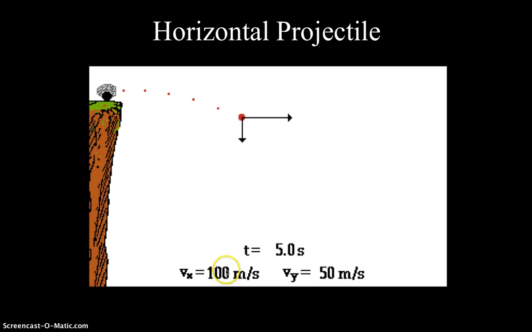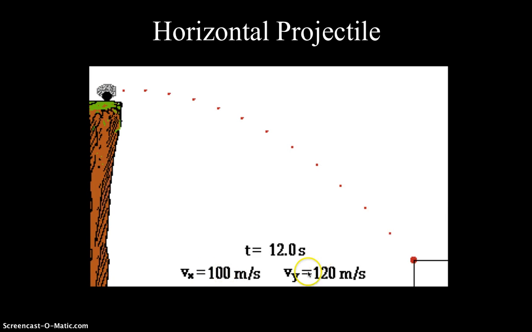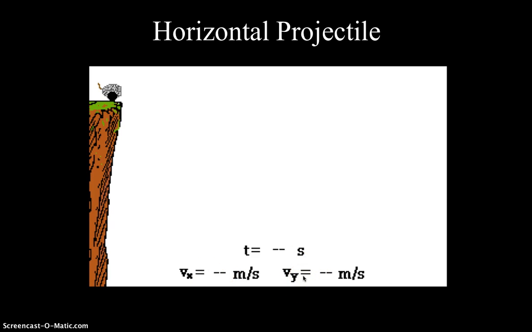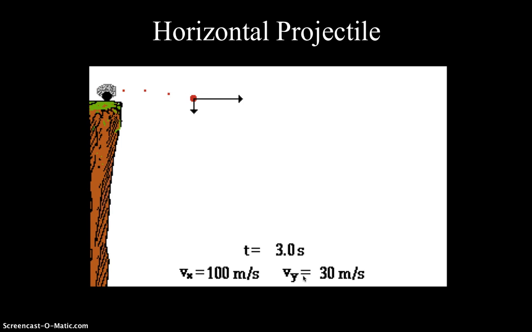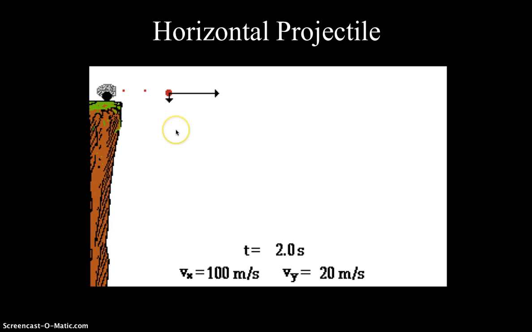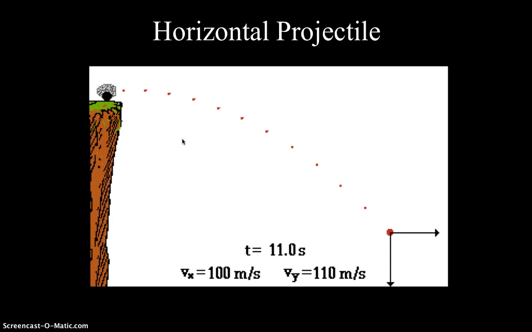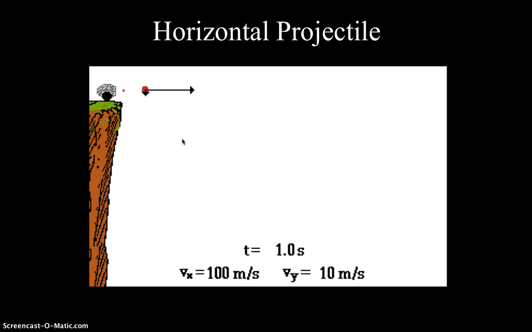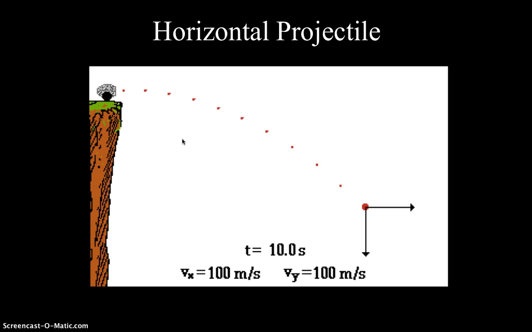If there's no acceleration, there's no change in velocity, which causes the velocity to remain at a constant rate. Now if you look at the y velocity, the vertical velocity, the speed increases as the direction remains downwards. You'll notice that the downward velocity increases by about 10 meters per second every second. That's not a coincidence and not by design.